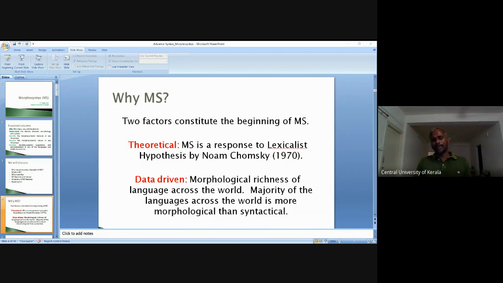First is theoretically there is a necessity of the emergence of morphosyntax. Second is the demand from the side of languages, which also made a necessity of emergence of morphosyntax. So these are the two things which I will explain once again.